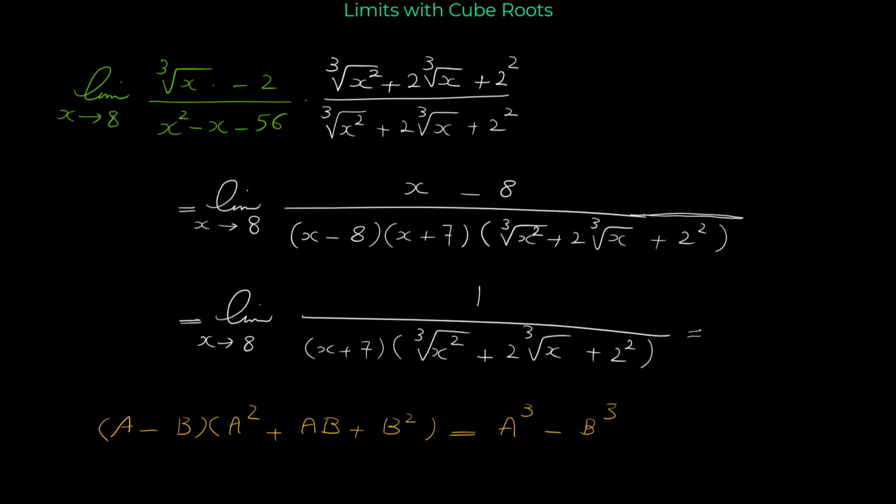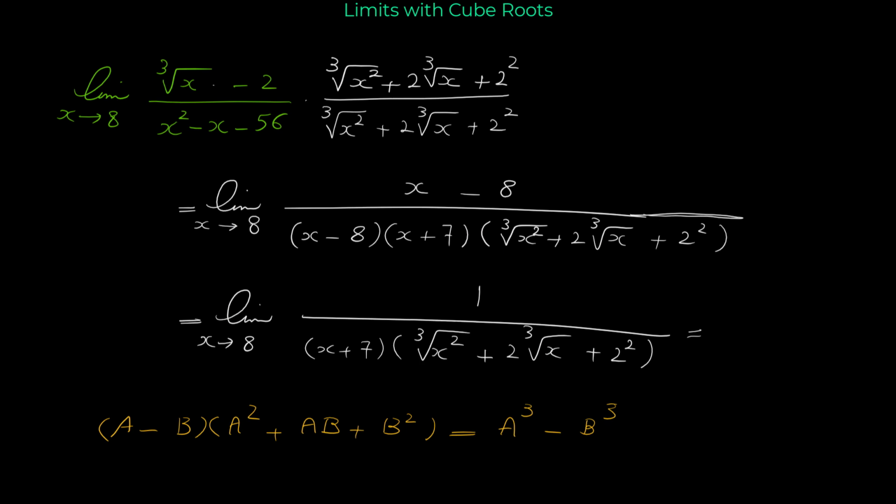Now, if we plug in 8 for x in the denominator, we can find this limit. 8 plus 7 is 15. If we substitute 8 here, 8 to the 2 is 64. Cube root of 64 is 4. So the first radical is 4.